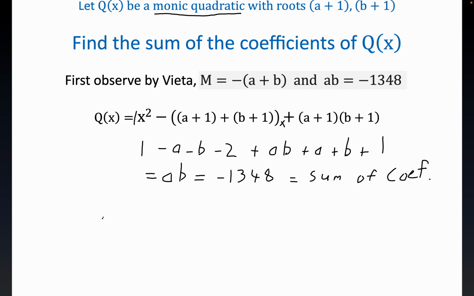Let's say we had the polynomial x minus 5 times, let's say, x plus 8. Now, high school algebra indicates this would be x squared plus 3x minus 40, right?